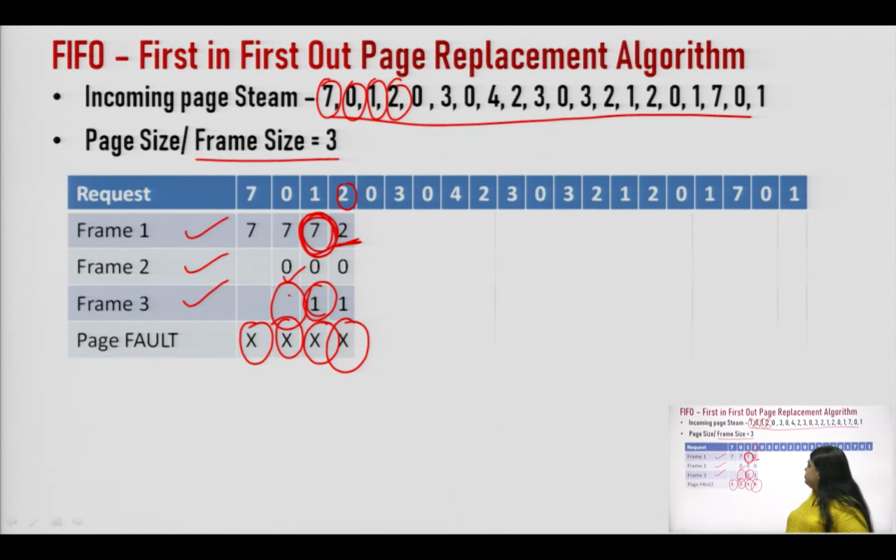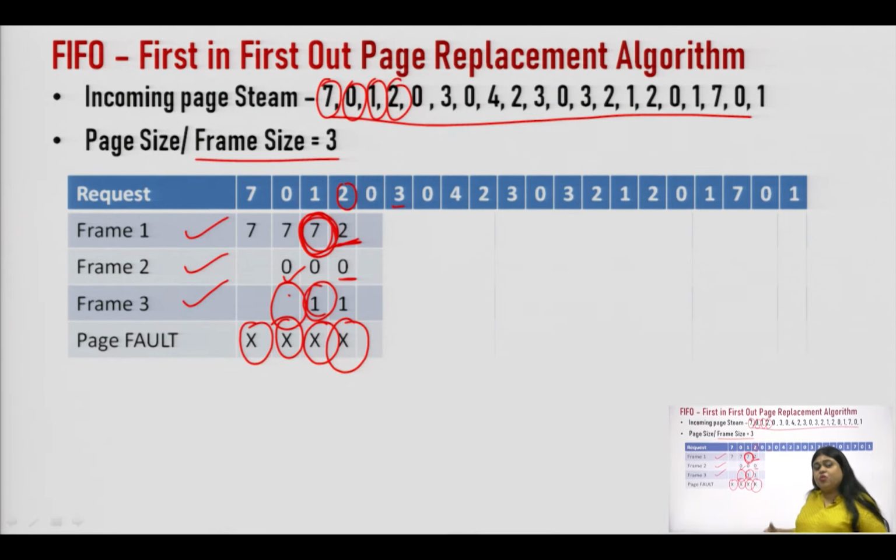Coming to the next page, requirement of page number 0, but this is a page hit condition because 0 is already there. So, you can see over here there is no page replacement because 0 was already there in the main memory. Coming to the next page requirement 3. So, what do you think? What should we replace?